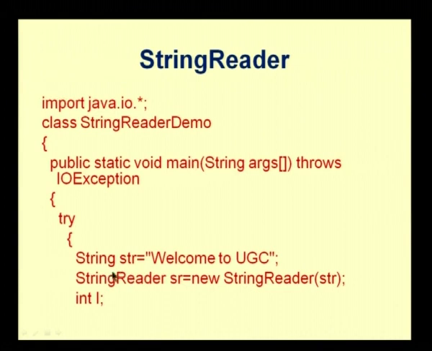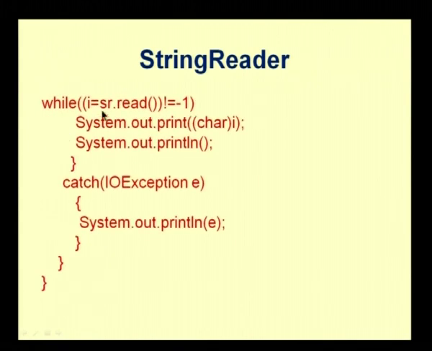You can see here, in your main method you have a string and then I have a StringReader which takes a particular string as the parameter. Now this reader could read the characters that are available in your string str. Here you can see sr.read, your StringReader dot read.